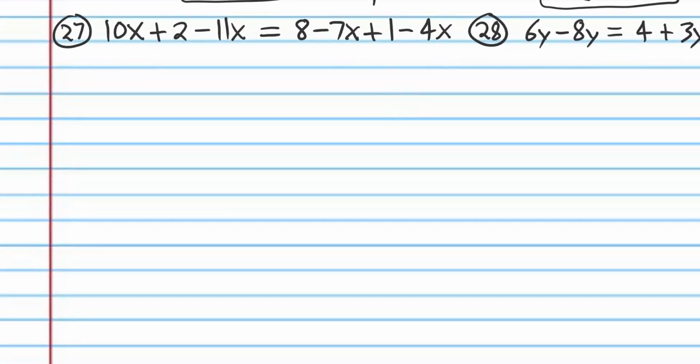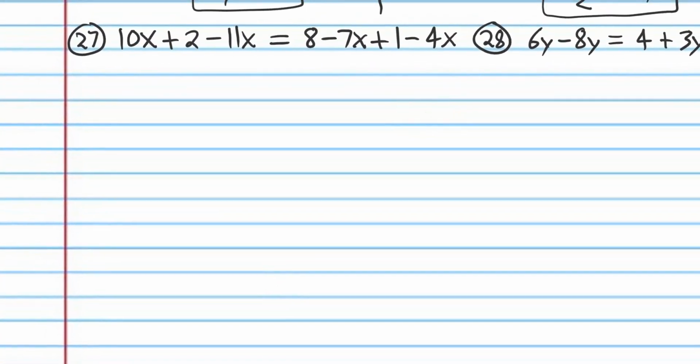Alright, so for number 27, you can simplify both sides of the equation in the first step. So go ahead and try 27, and when you come back, we'll do it together. Alright, we're back. 10x minus 11x is -x.